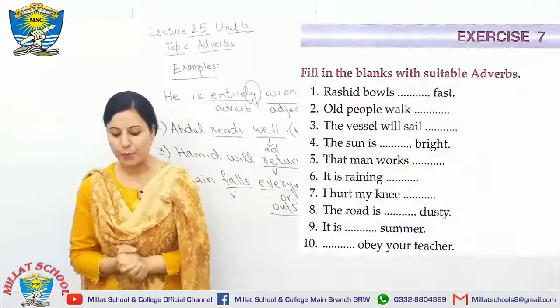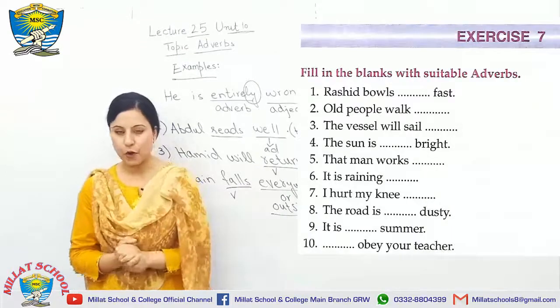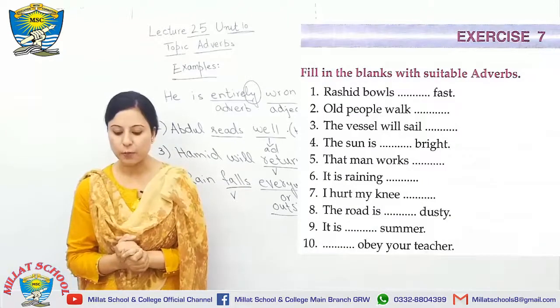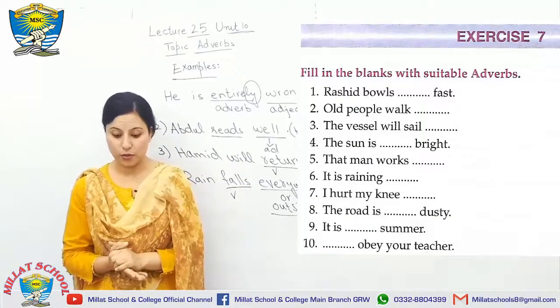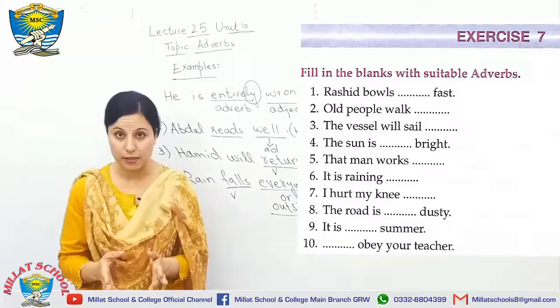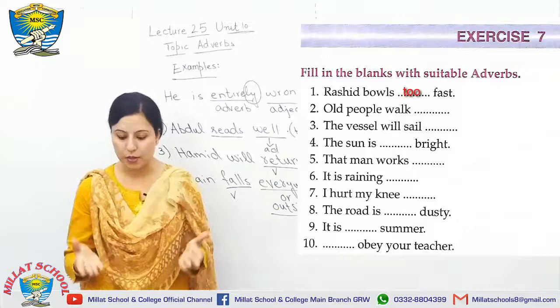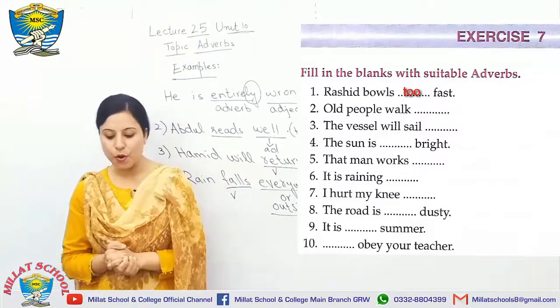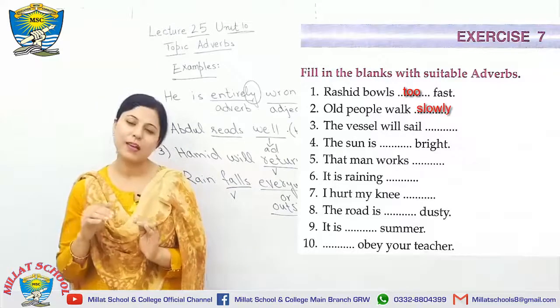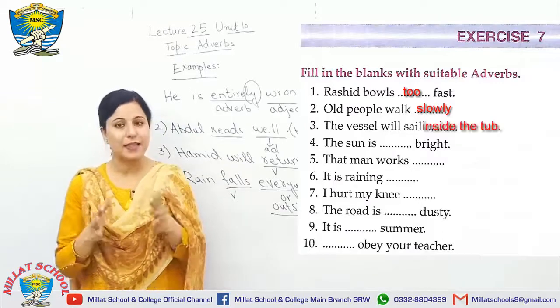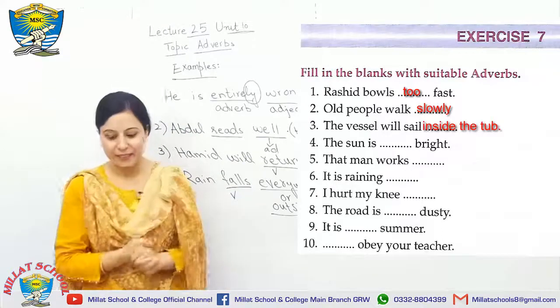So move to page number 137. Time to fill in the blanks by using different adverbs. Rashid walks too fast. Number 2, old people walk slowly. Number 3, the vessel will sail inside the tub.